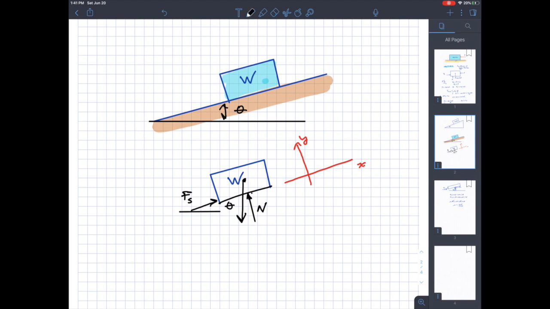All right, so let me write that down. At what angle theta does the block start to slide?